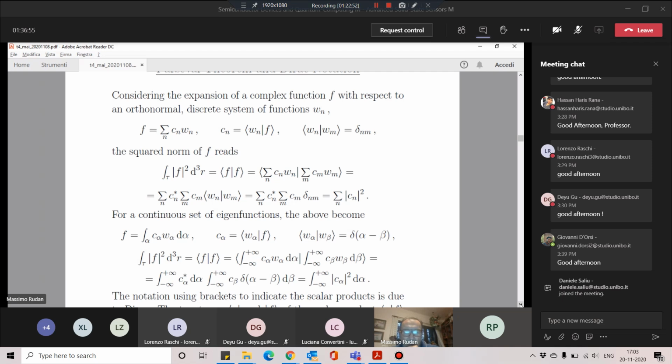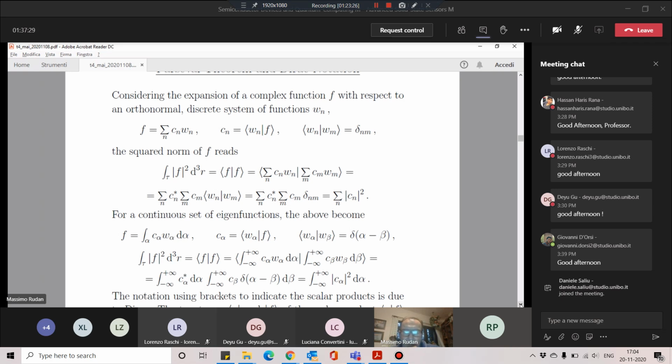So these functions form a discrete set that is complete, and also assume that they are orthonormal. So they are orthogonal to each other and normalizable to one. Then the coefficients, as you remember, are the projections of f onto the W functions. So they are the scalar products Wn times f.